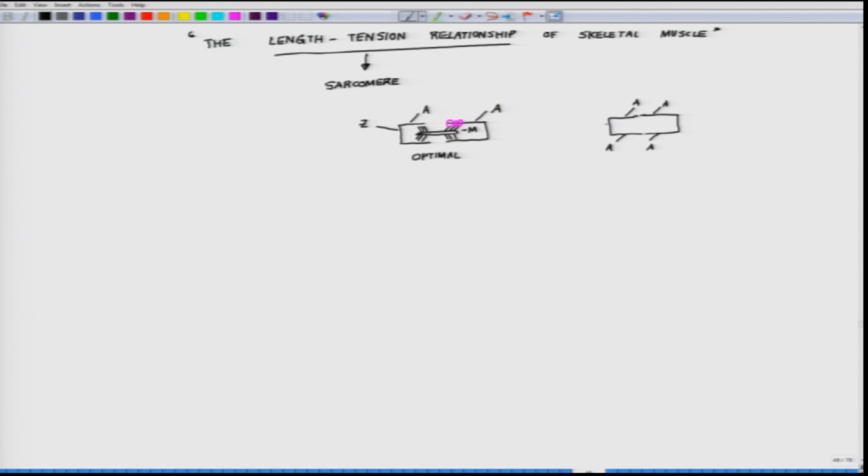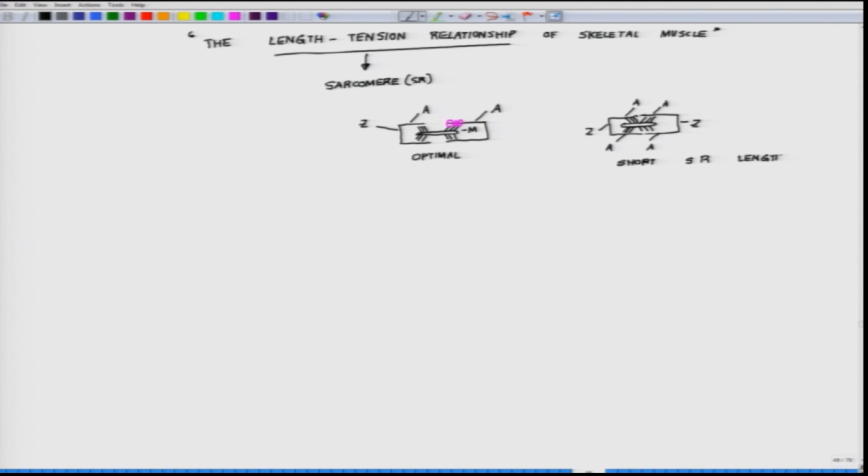A stands for actin, this is the Z line, and here you have the myosin present. So, the sarcomere length has become shortened, short SR length.